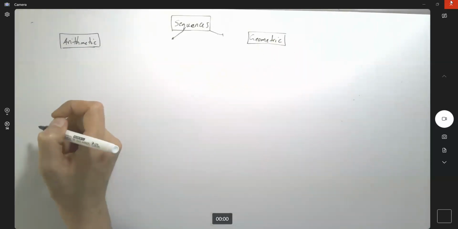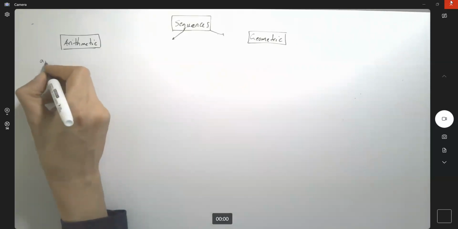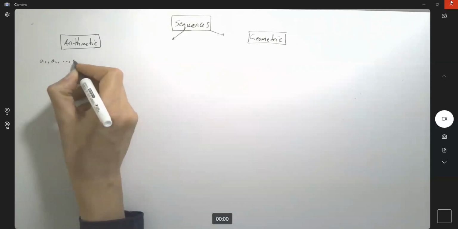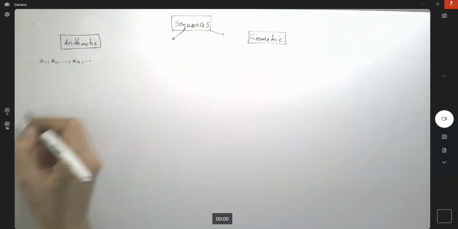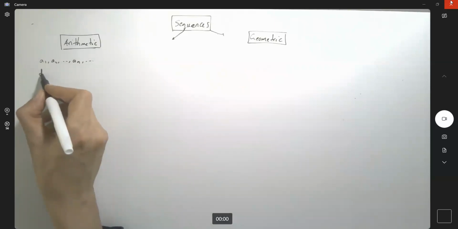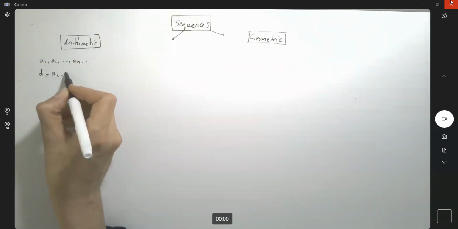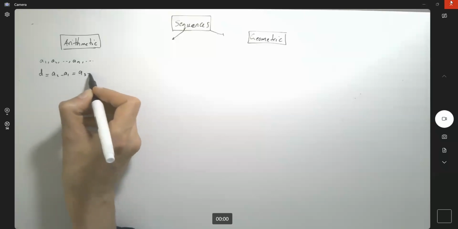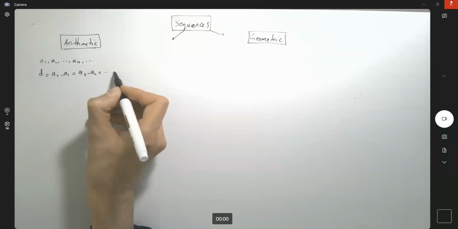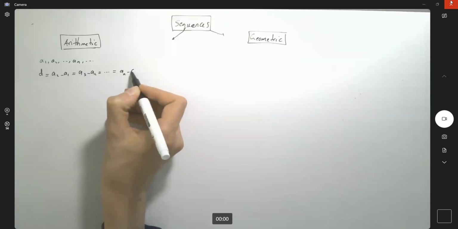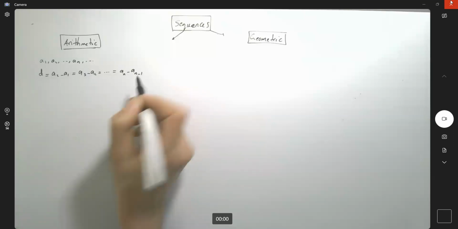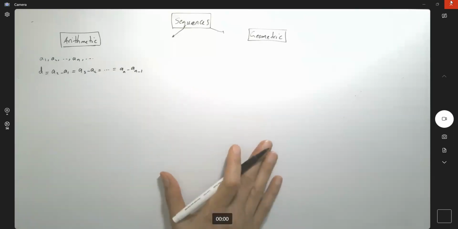For arithmetic sequence, you learned that you have A1, A2, AN, and the rest of the terms. You found a common difference between the terms. A2 minus A1 is the same as A3 minus A2, which is the same as AN minus AN minus 1. So you have a common difference between them.